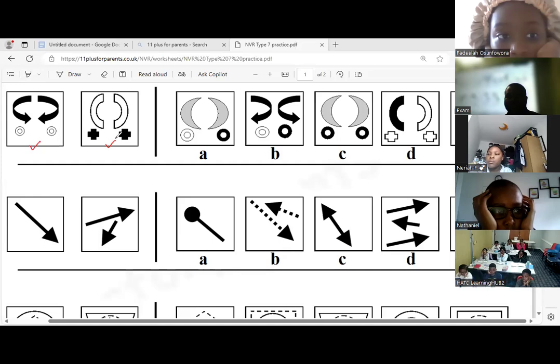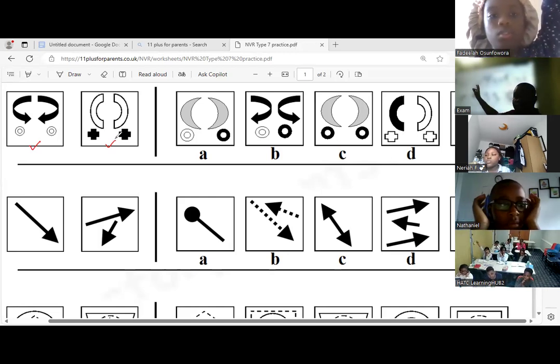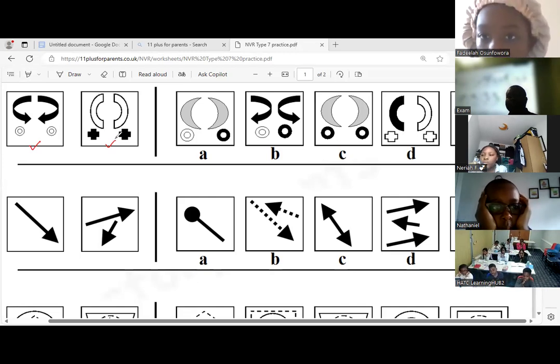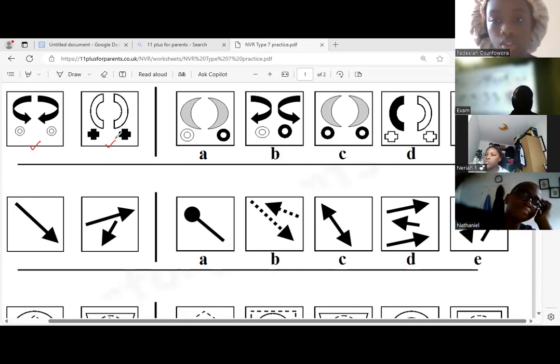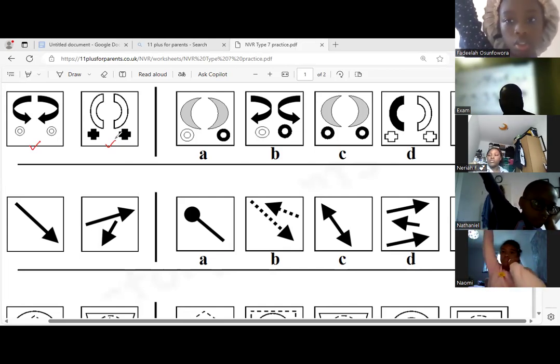Okay? So let's look at these two. What do they have in common? The two that we can see on the screen. Is it shading? Because they both have black and white. It will be number of shading, not just shading.